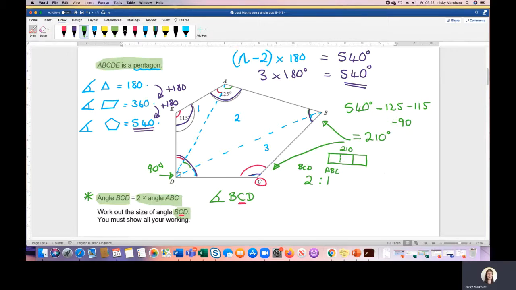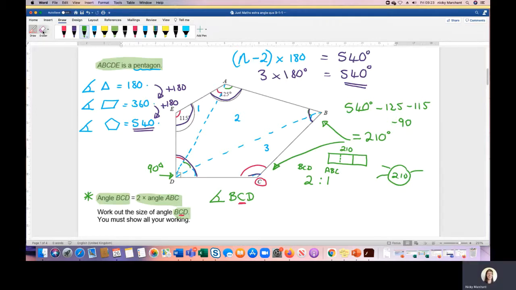So you can use your ratio spider with your 210 in. You've got 2 parts for one angle, you've got 1 part for the other. You can use the adding up method, add, divide and multiply. Or you can use your boxes method.